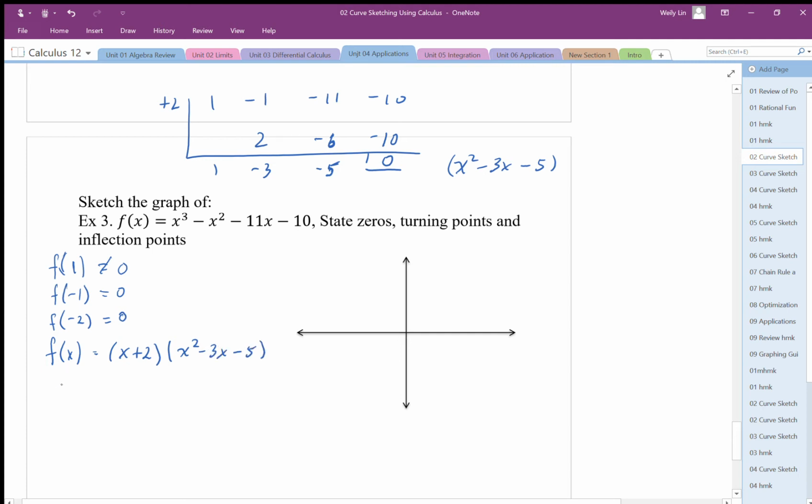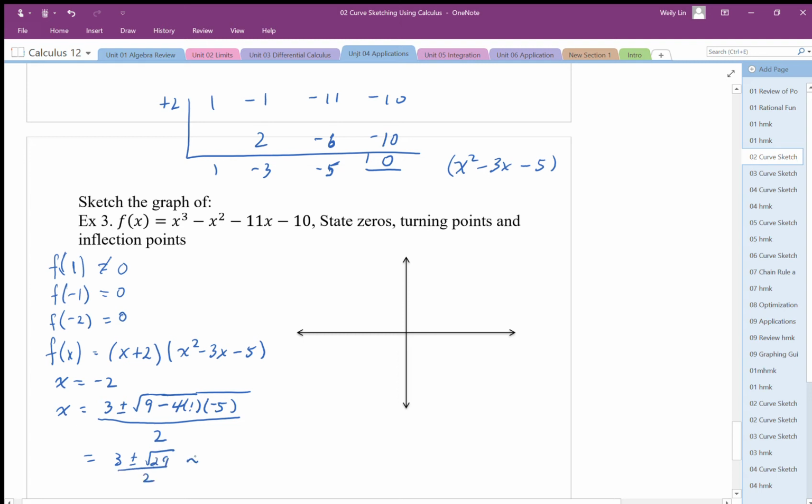Okay, so x is equal to 0 at x equals negative 2, and then I have to solve that quadratic. x is equal to 3 plus minus square root of negative 3 squared, minus 4 times a times c, all over 2a. Okay, so simplifying that, that's going to be plus 20, so 3 plus square root 29 over 2.